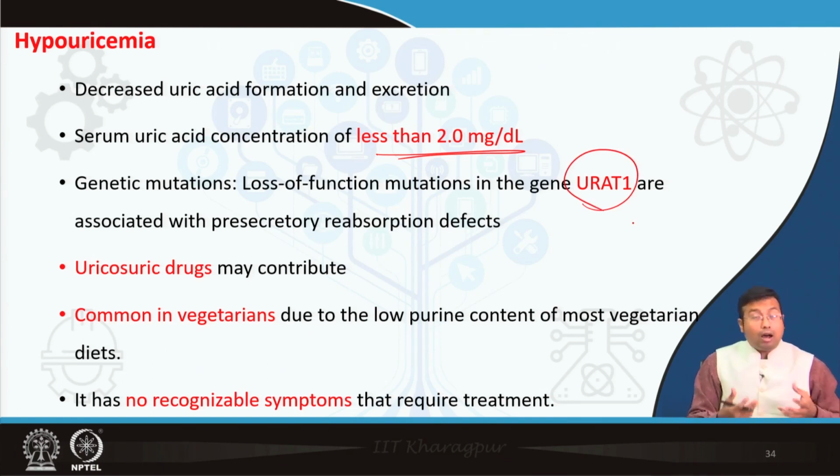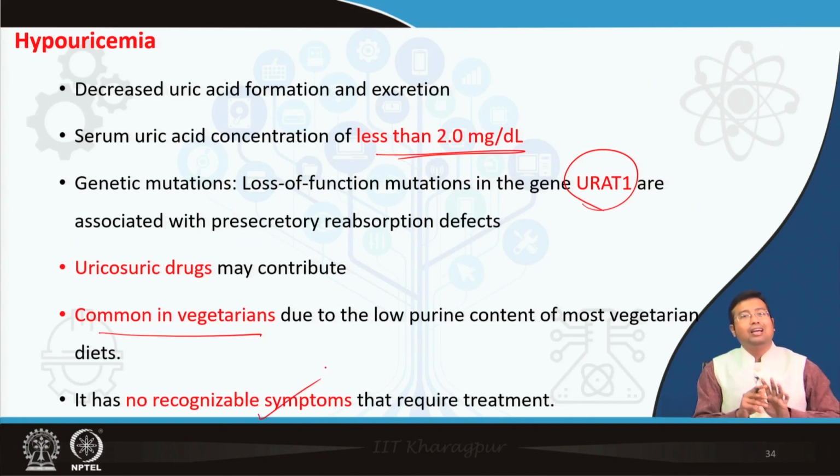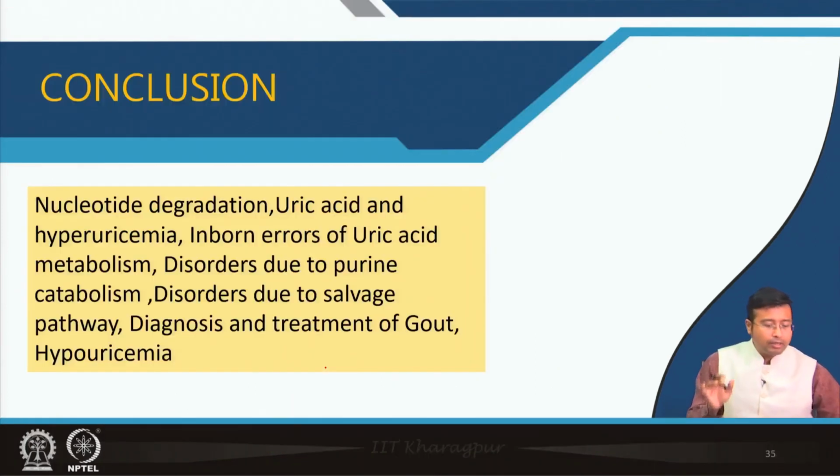A patient on a uricosuric drug may also develop hypouricemia without any gene mutation. Hypouricemia is also common in vegetarians, because a vegetarian diet has low purine content. But it is a good thing that this has no recognizable symptom, and hence they do not require any treatment.